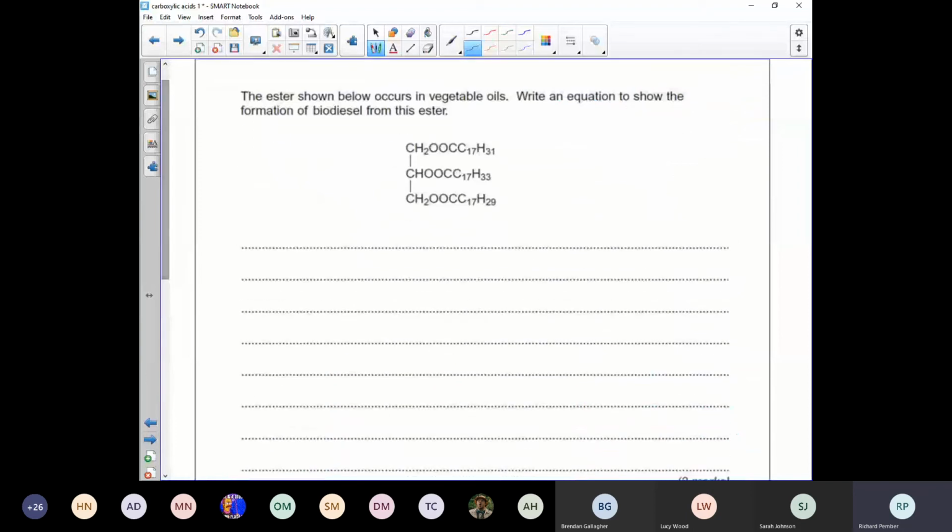The ester shown below occurs in vegetable oils. Write an equation to show the formation of biodiesel from this ester. So similar to one that we've seen already. So I'm going to draw out the fat again.